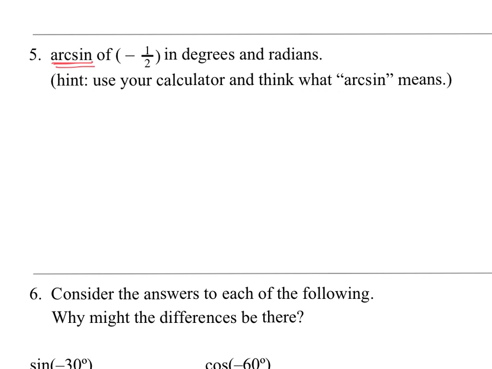So I wanted you to see it before we got it done, and then give you a little bit of intuition behind why it works. If you're looking for the sine of theta, some measured angle theta, and you know that sine of theta is -1/2, what you want is the measure of the angle that will give you -1/2.